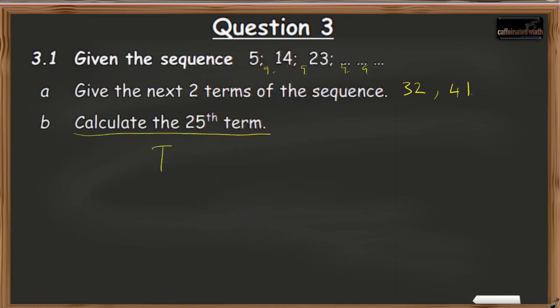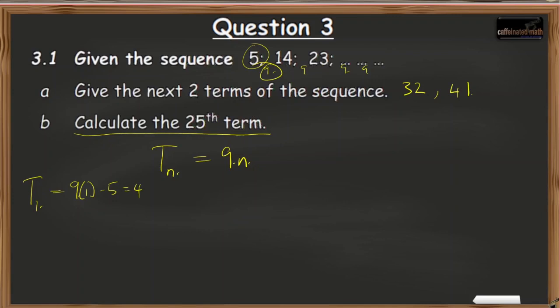Now for that we need the general term first. Now all we need to do is take that 9 in, that 9, and multiply it with an n. Now if we have the first term, 9 times 1. We already know what the first term is. Well, how do I get from 9 to 5? Well, I have to subtract 5 to find that out.